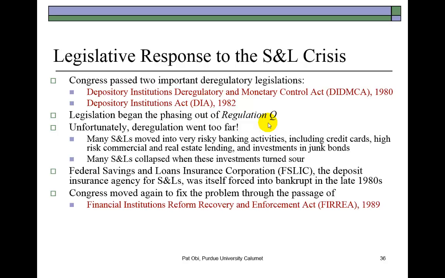However, as is often the case, this deregulation went too far. Well, at least the way that S&Ls took advantage of the open access went too far.